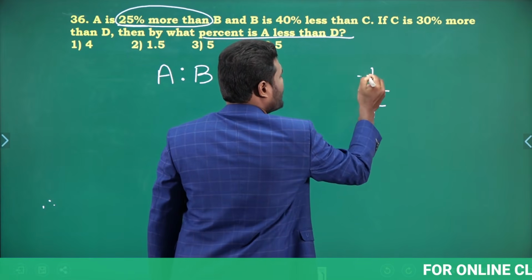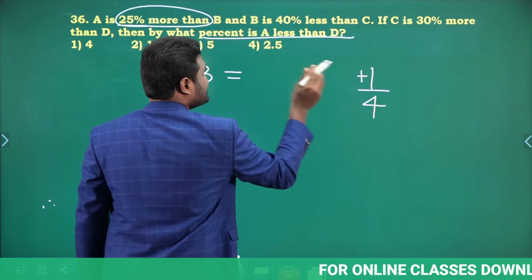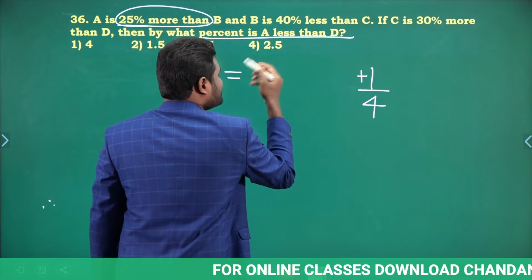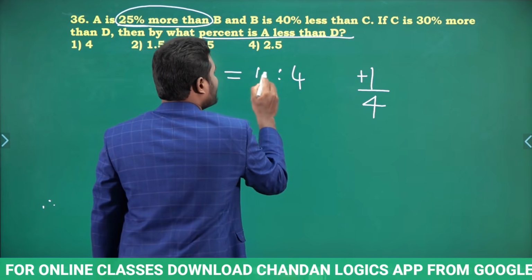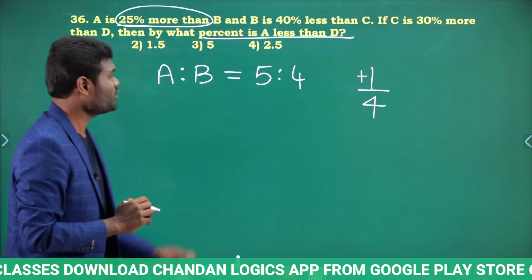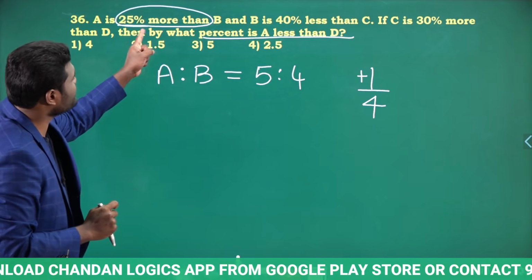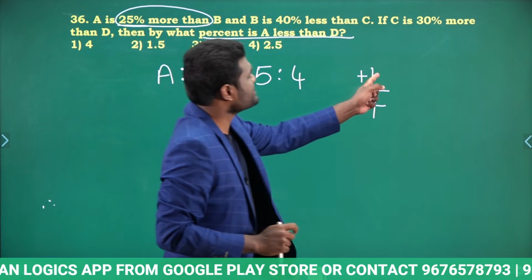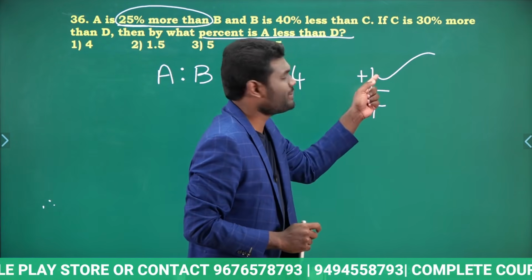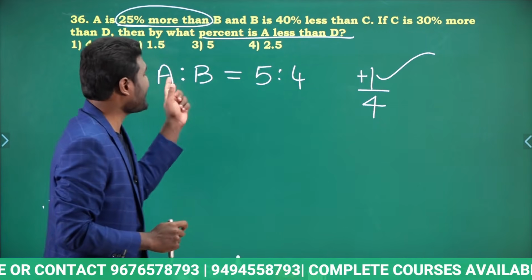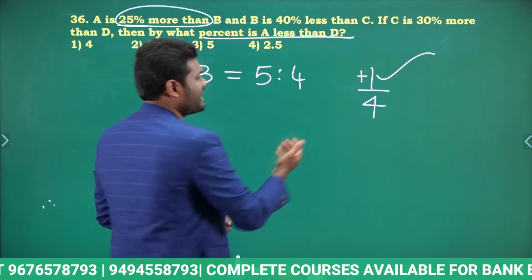When I say more, you need to do plus. As A is more than B, if B is 4 parts, A should be 5 parts. Yes or no? Why? Because A is 25% more than B. 25% is nothing but 1 part, 100% is nothing but 4 parts, so 4 plus 1 is total 5.